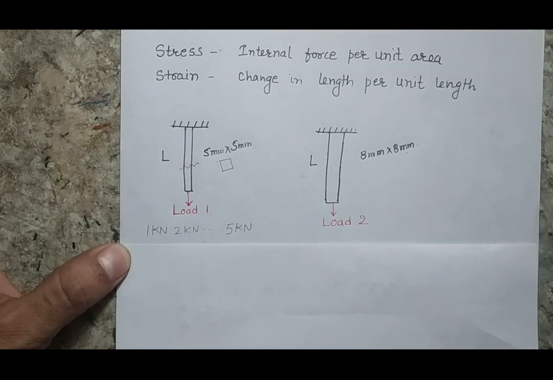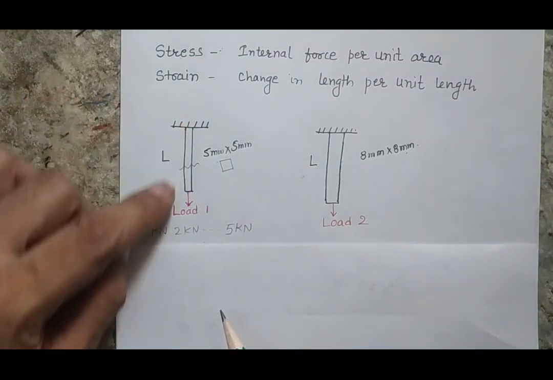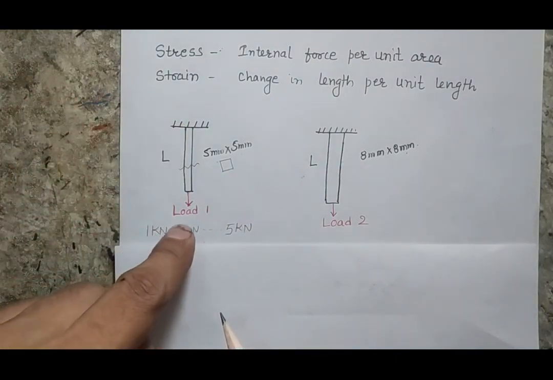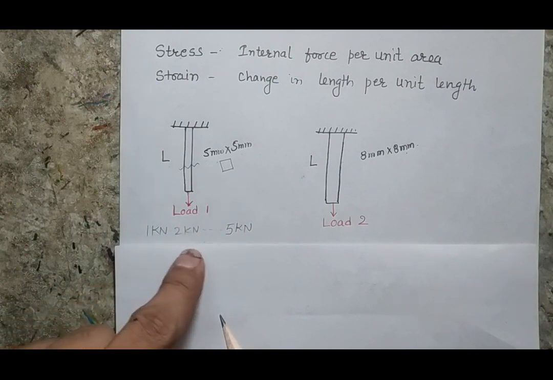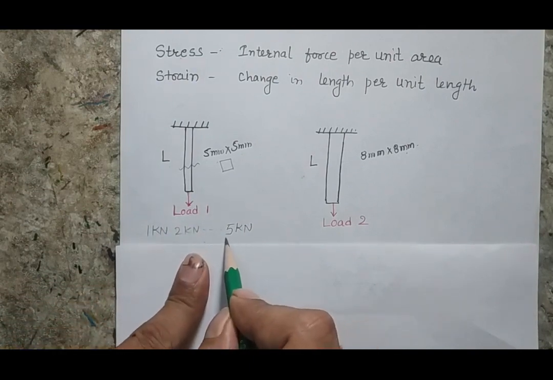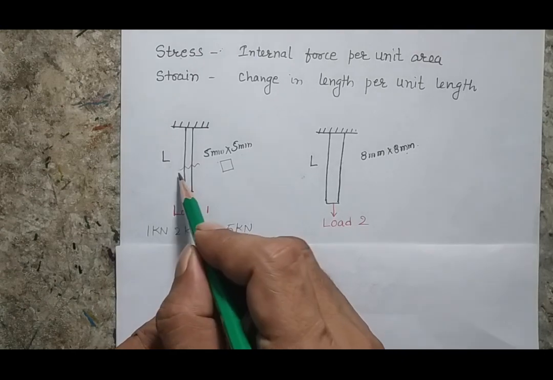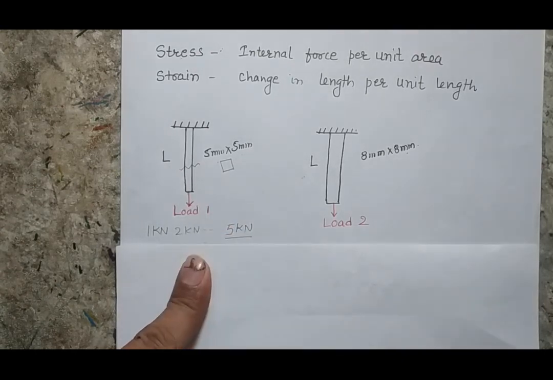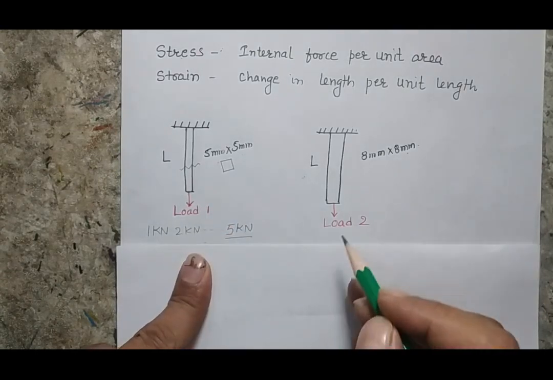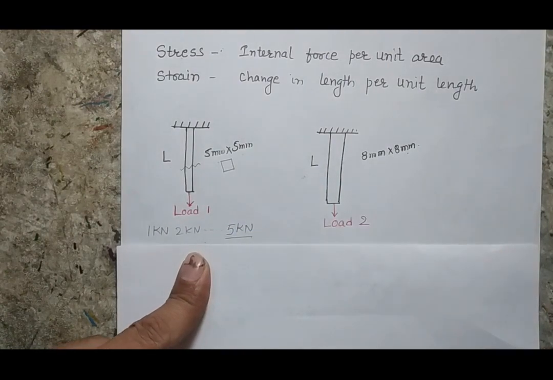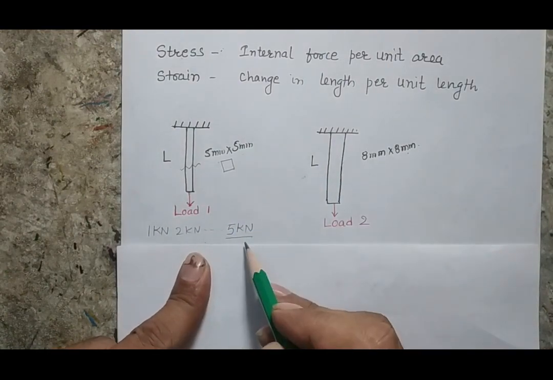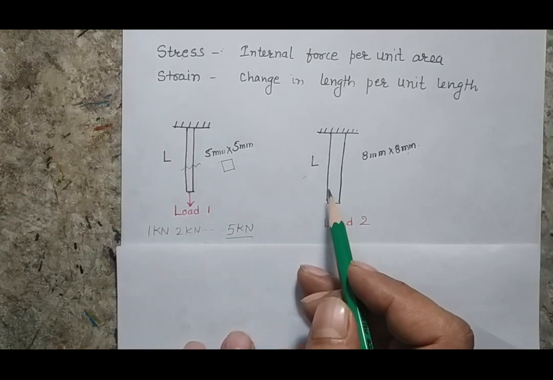I am just giving you one example: I have a bar, I am applying load on the bar and increasing the load. When the load reaches a value of 5 kilonewton, there is a failure in the bar. Now, is it okay to say that the second bar will also fail at 5 kilonewton force, or will the loading for the second bar be different?